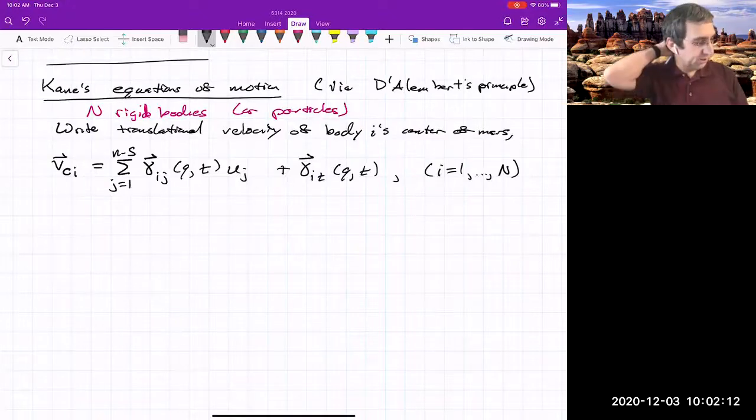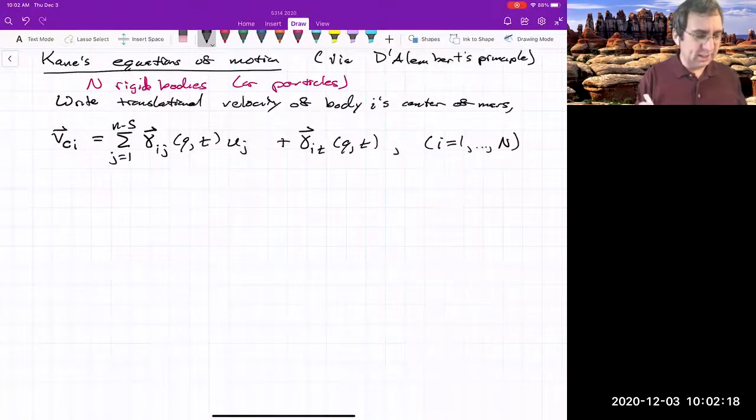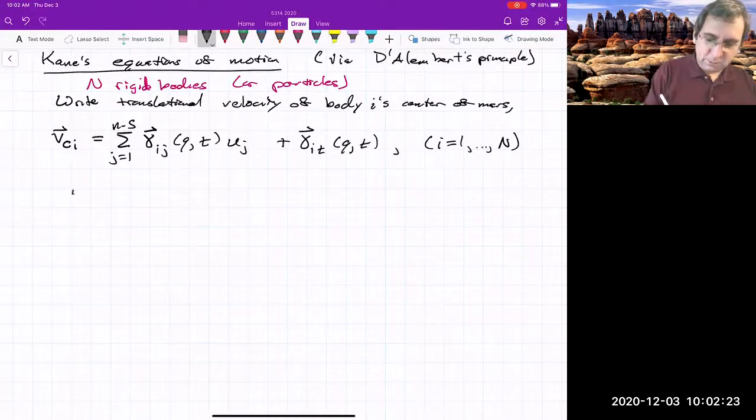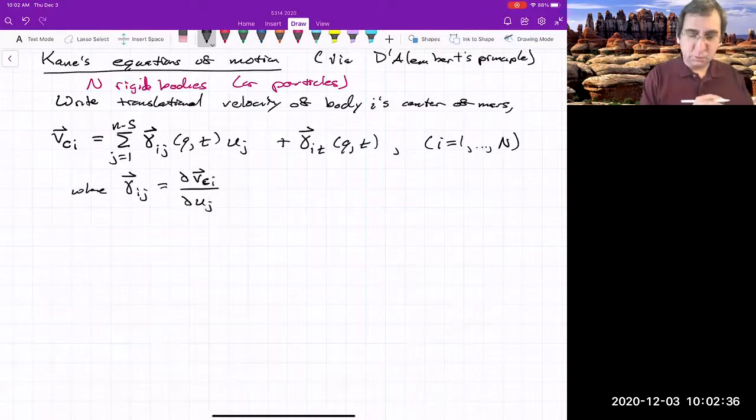If it's just particles, then you'll skip the part that's related to angular velocity. And you'll notice this gamma ij, is this the same as the projection vectors from before? Well, kind of. But we're writing it as the partial of the velocity with respect to the quasi-velocity now. So it is a quasi-velocity coefficient.